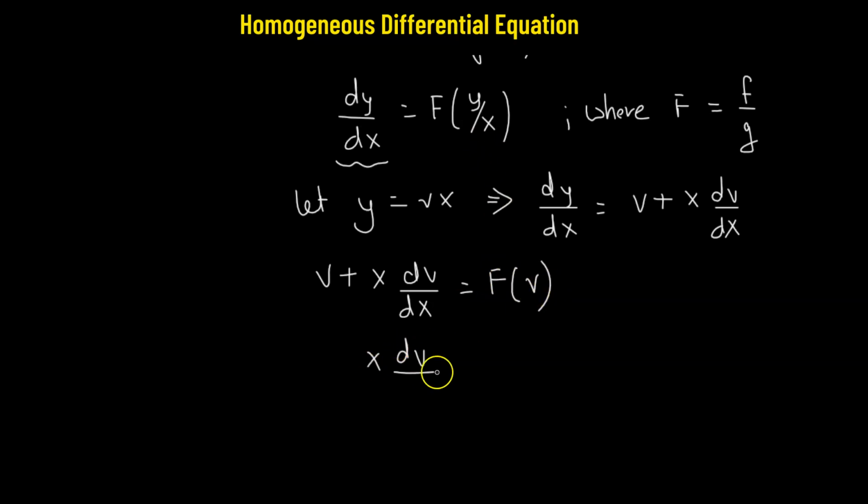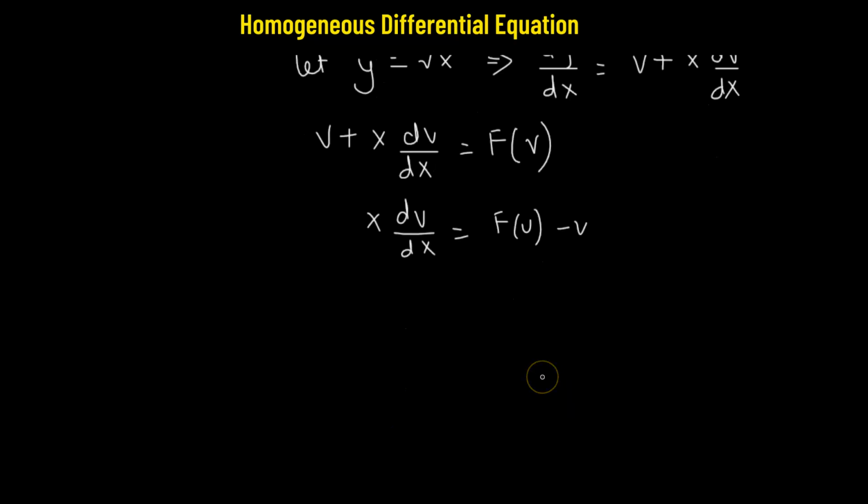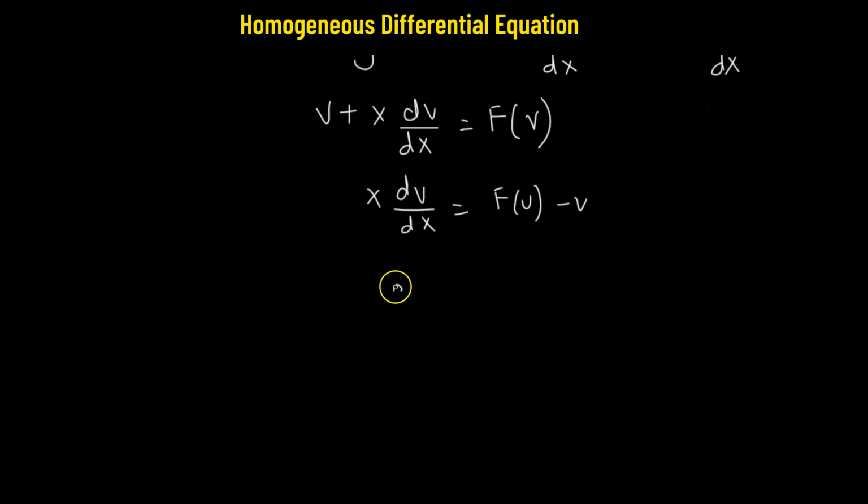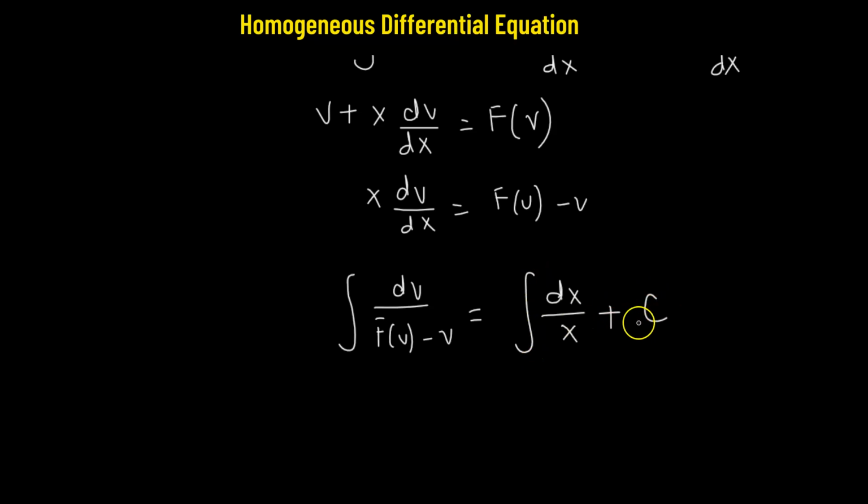So we have x times dv over dx equals F of v minus v, or simply separating the differentials, we have dv over F of v minus v equals dx over x. So this is in the separable form, which means we can integrate both sides plus the constant of integration c. So this is how we solve a homogeneous differential equation.